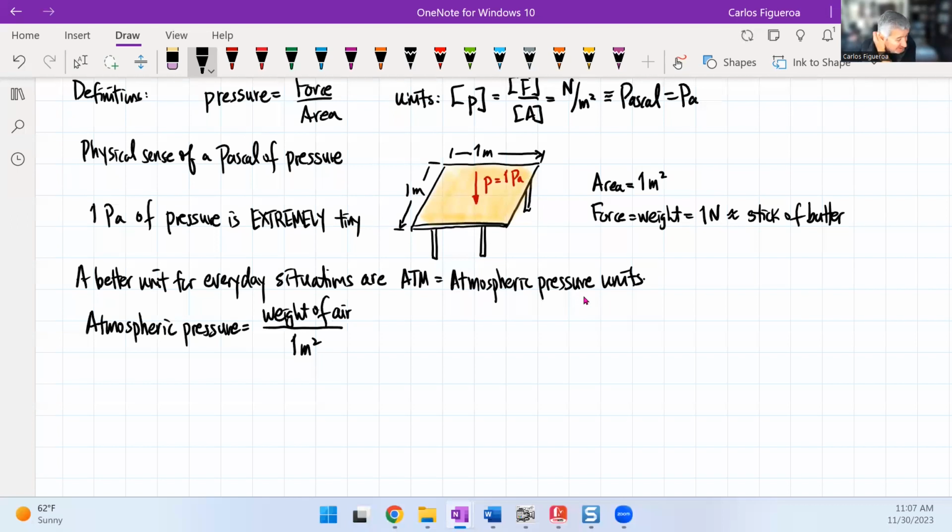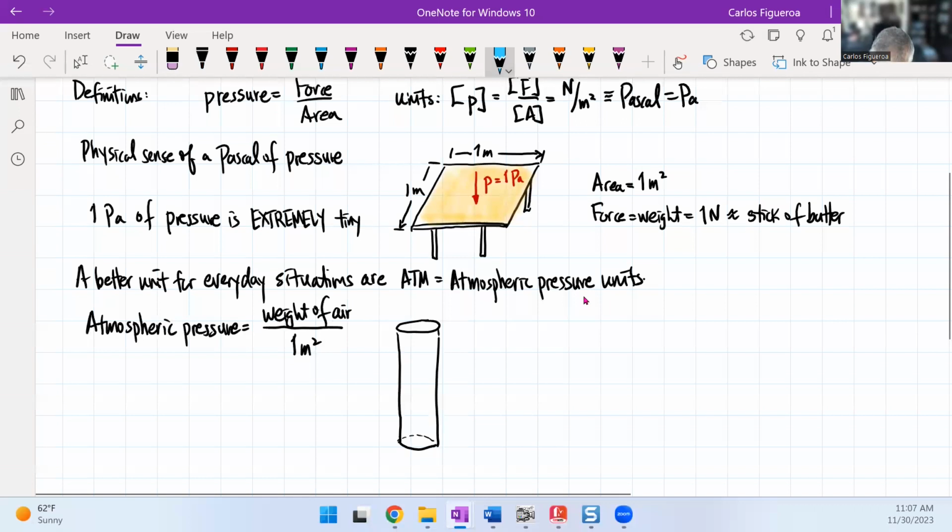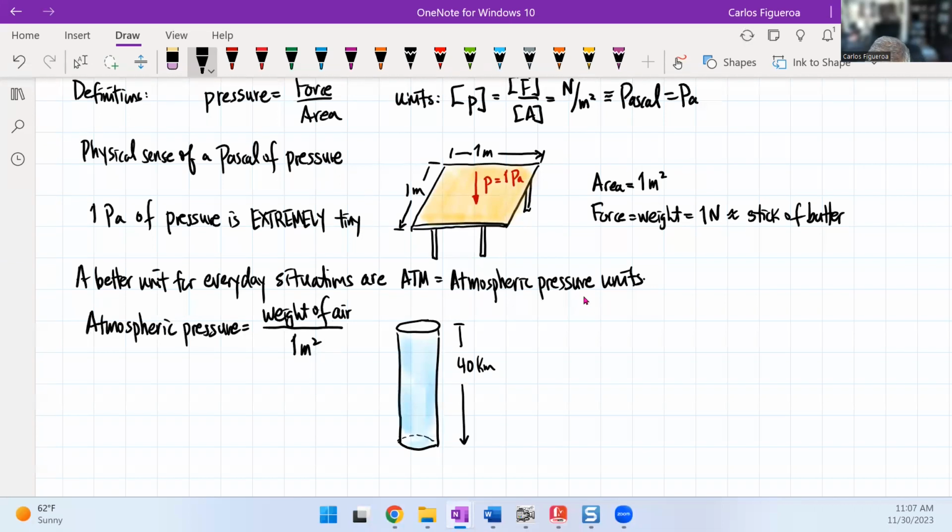I think I've seen some sewer pipes that are about 1 meter squared. So if I was to take a sewer pipe, and have all this air all the way up to the top of the atmosphere, which is about 40 kilometers, and in here, you have all this air.